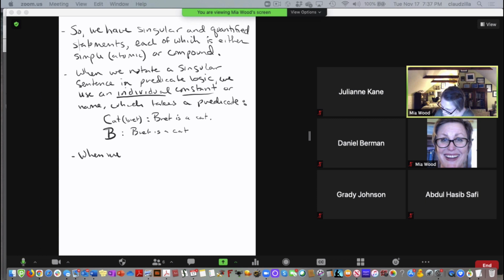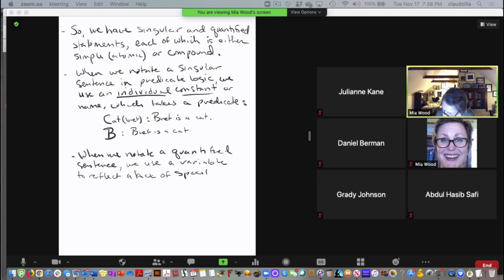So when we notate a quantified sentence, we use a variable to reflect a lack of specificity about the entity in question.